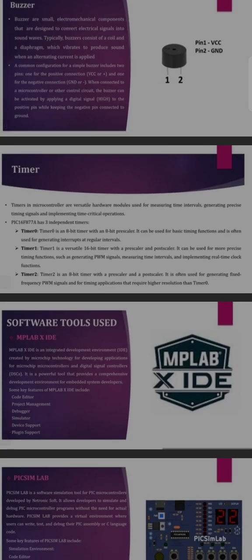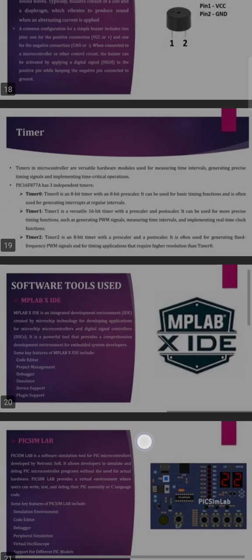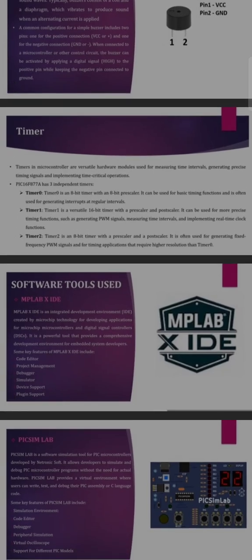Timer. The microcontroller has three independent timers: timer 0, timer 1, and timer 2. Timer 0 is an 8-bit timer with an 8-bit prescaler. It can be used for basic timing functions and is often used for generating interrupts at regular intervals. Timer 1 is a versatile 16-bit timer with a prescaler and postscaler.